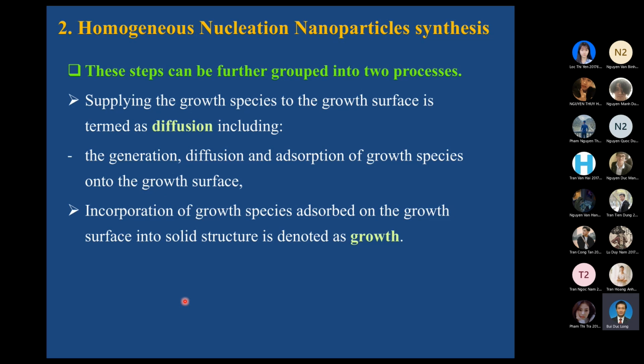These steps can be further grouped into 2 processes. The first is supplying the growth species to the growth surface, which we call the diffusion process, including generation, diffusion, and absorption of growth species onto the growth surface.